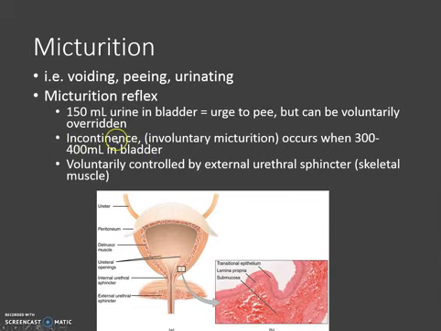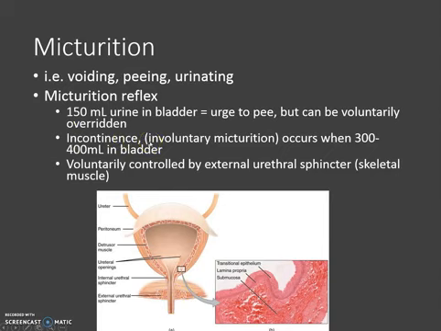Now, incontinence can happen for a couple of different reasons. So we all know that babies are born without the ability to control their urine. And so we put diapers on them, and the diapers help to catch the urine for us. As we get older, babies start to learn how to control the external urethral sphincter in order to prevent incontinence from happening.